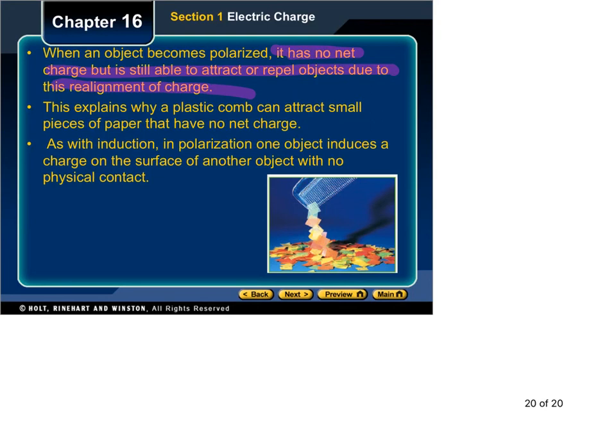And see in the picture here, paper connects to paper connects to paper. This polarization process happens all through this string. So we have induced a charge with no physical contact. But if we take the comb and uncharge it, then all the paper is just going to fall off because the paper does not have a charge.